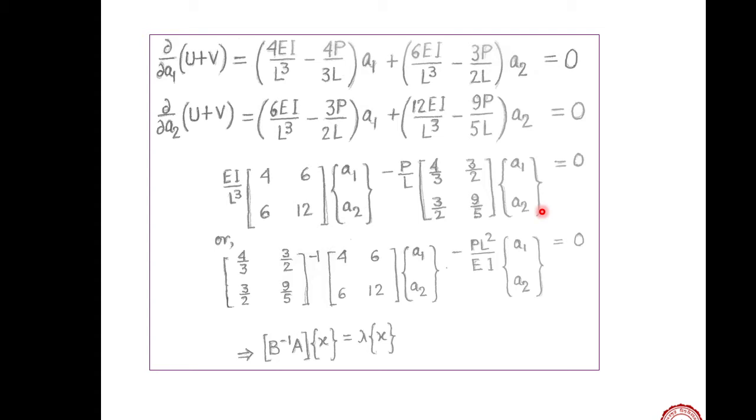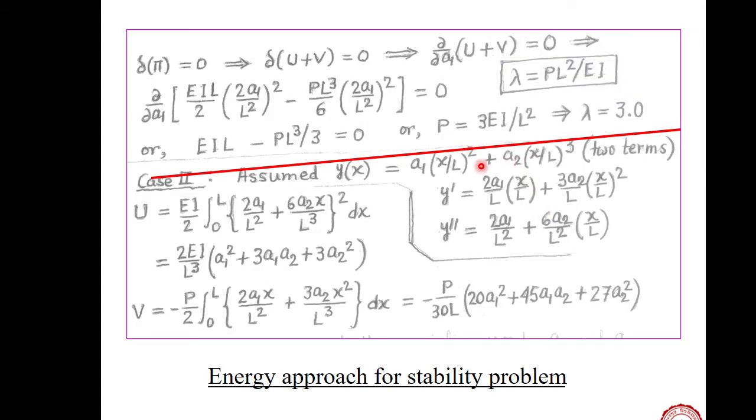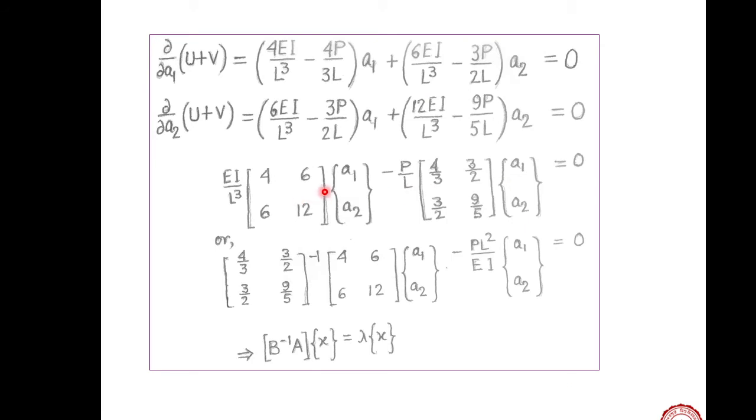Now note, if we had a third term, if we had A1 phi 1 plus A2 phi 2 plus A3 phi 3, then what would be the form of this equation? It would be a 3 by 3 coefficient matrix, then A1, A2, A3. That is the way of generating our solution equation. We can go on adding terms, and this equation we can solve for one additional term.